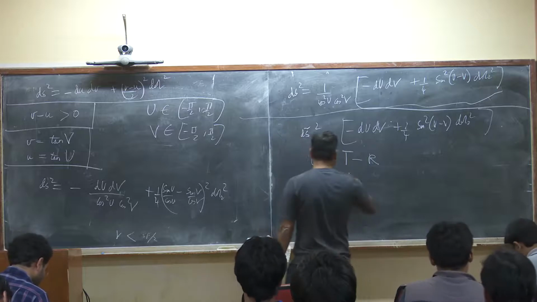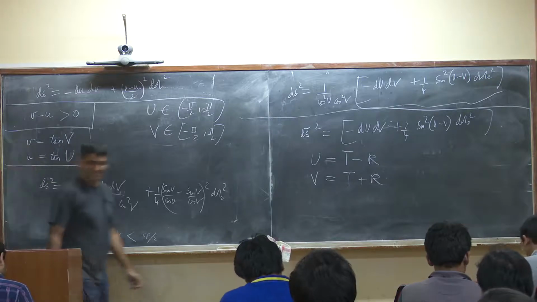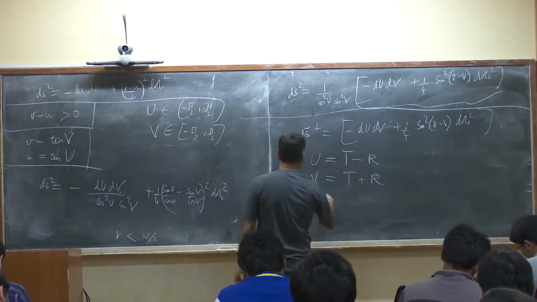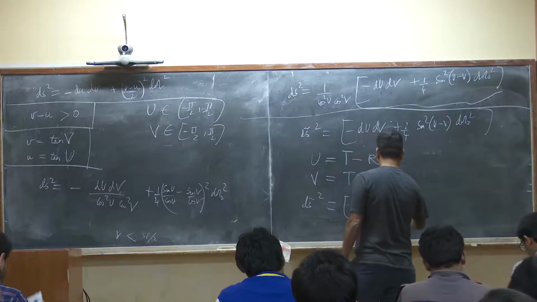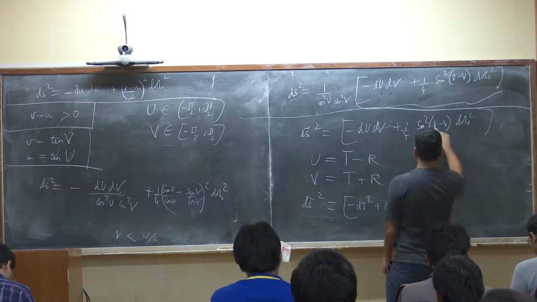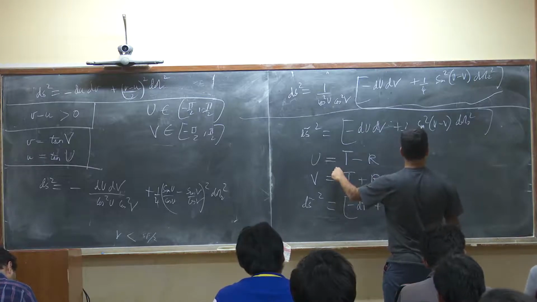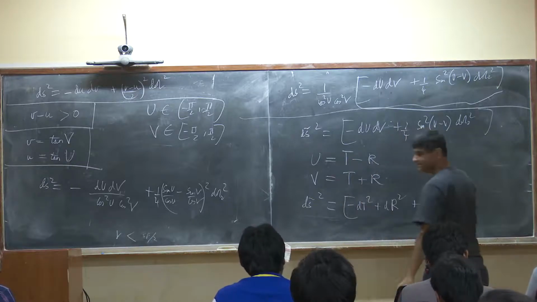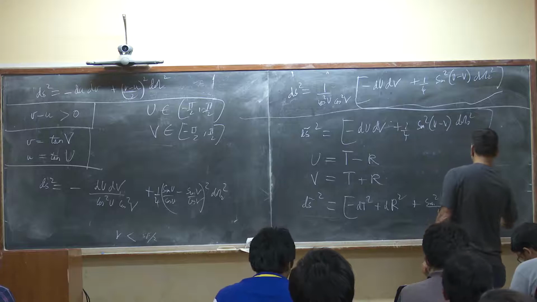And V is equal to T plus R. And so we get ds tilde, the whole thing squared, is equal to minus dt squared plus dr squared plus sine squared. Now v minus u, or u minus v, it makes no difference actually because it's squared, is 2r. So sine squared 2r by 4 d omega 2 squared.